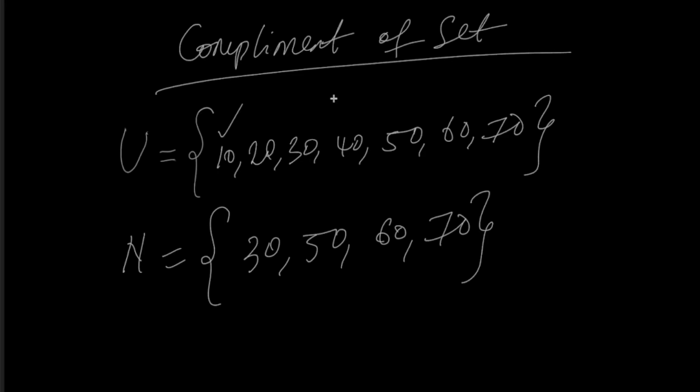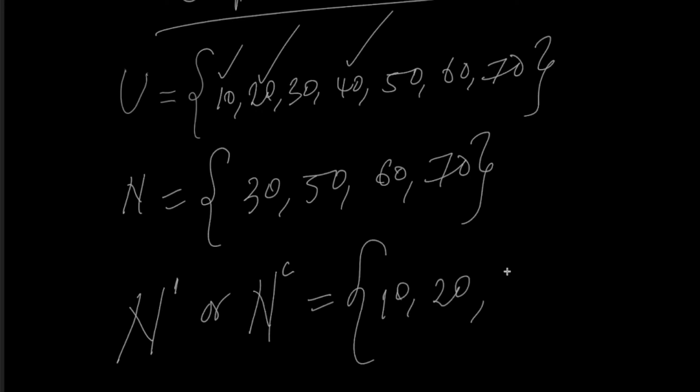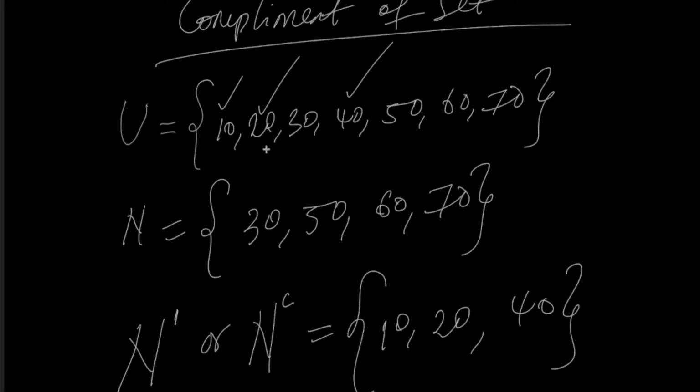That is this, this, and this. Those elements that are not in N are the complement of N. How do you represent that? Say N' or N^c, which is equal to 10, 20, 40. Although it's a subset of this universal set, the remaining elements in the universal set that are not in N are called the complement of N.